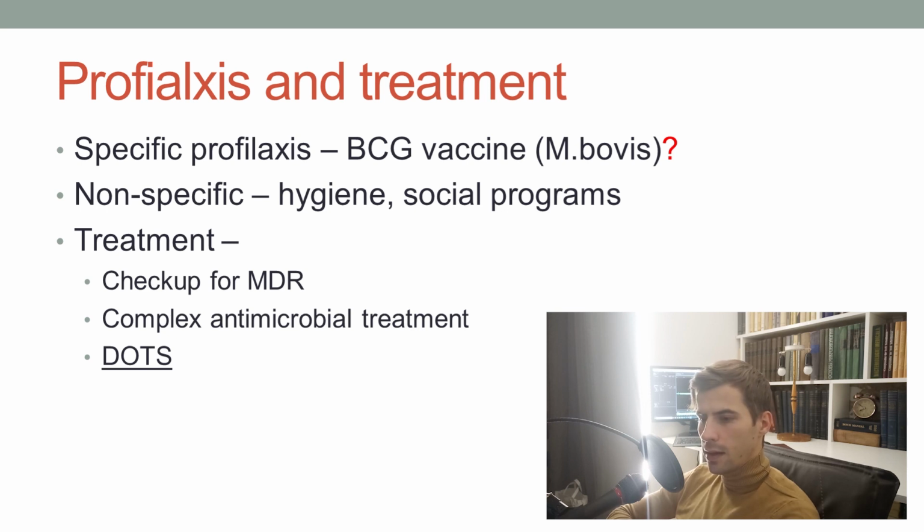In case it gets into the human body, it will be even more complicated to kill the pathogen with common medicines, with common antibiotics. This is why we have a specific antibiotic treatment for tuberculosis, which includes several drugs at the same time. But before we apply this complex antibacterial treatment, we have to make a checkup for resistance.